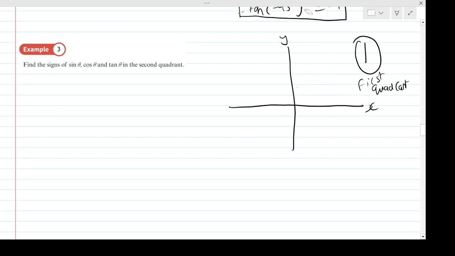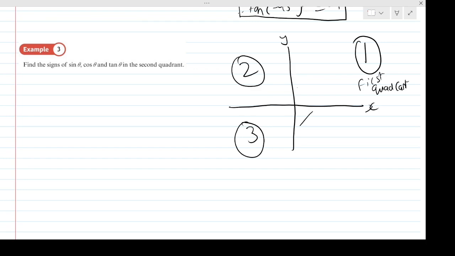And then we move 90 degrees. So we move to this one, which is what we call the second quadrant. Now, this is obviously going to be when x is negative, but y is positive. And then we move to the next part, down here, which is quadrant 3. And this is where both x and y are negative, for any points in this space.